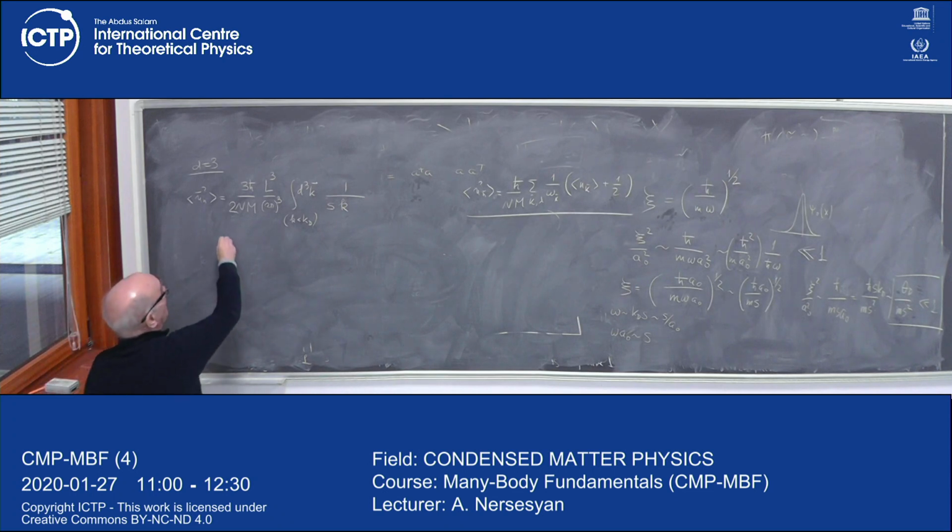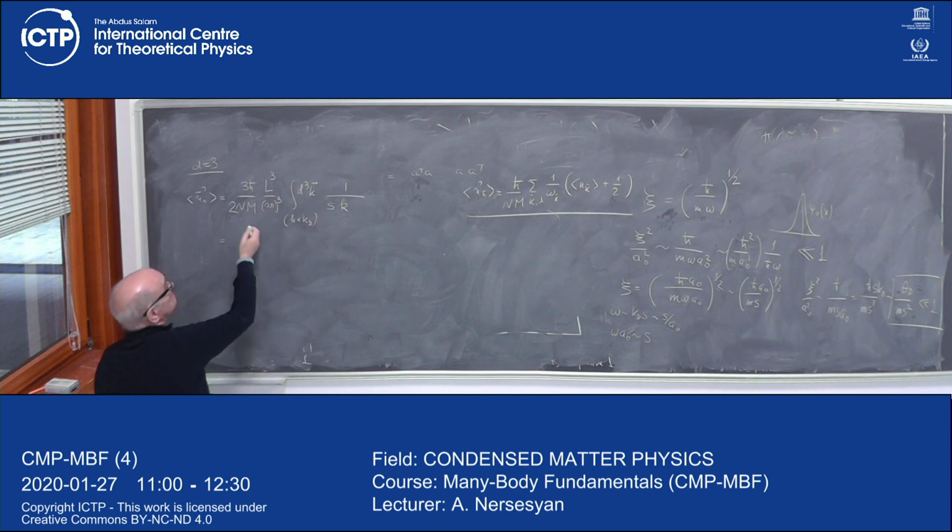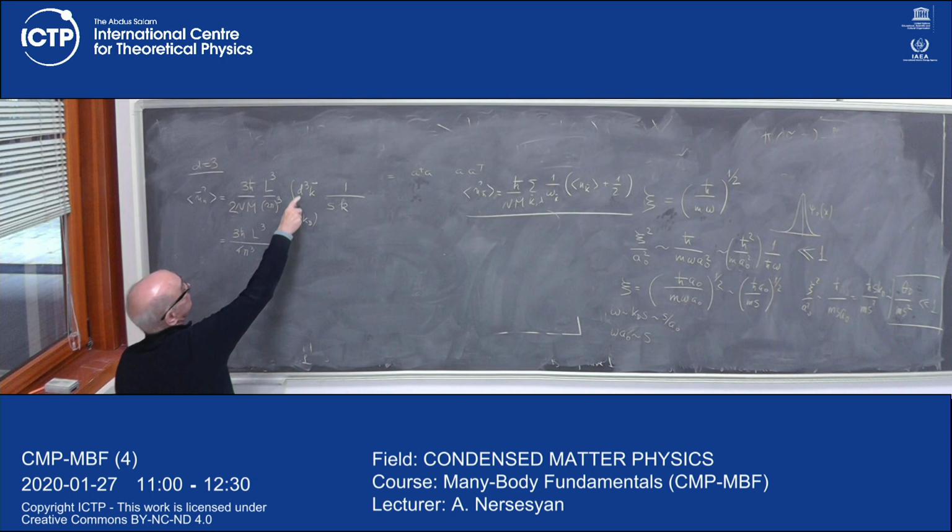So now if you are after all the numbers, let us do the numbers if you wish. 3 h L to the third, 4 pi from here. So it will be 4 times pi to the third. Is it clear? It's 8, 4, pi cubed.